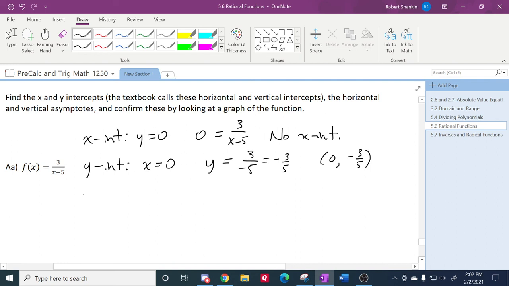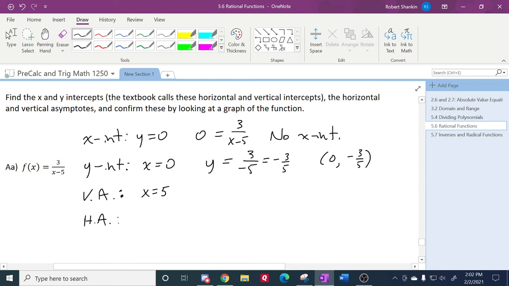Horizontal and vertical asymptote. So let's do vertical asymptote first. I have to have that question memorized. What is the input that causes the denominator to be 0? The answer to that question, the input of 5. When x is 5, you'll get the denominator 0. Horizontal asymptote.